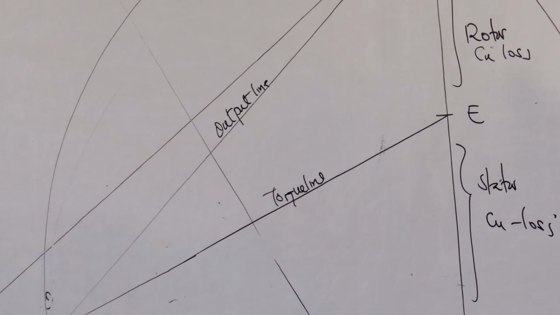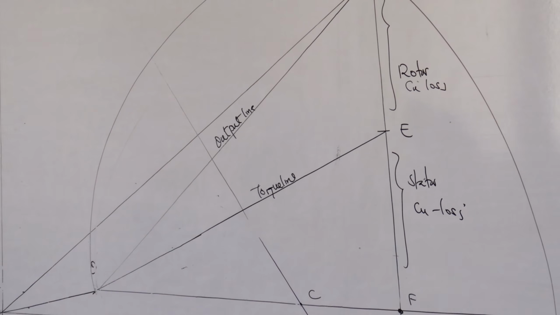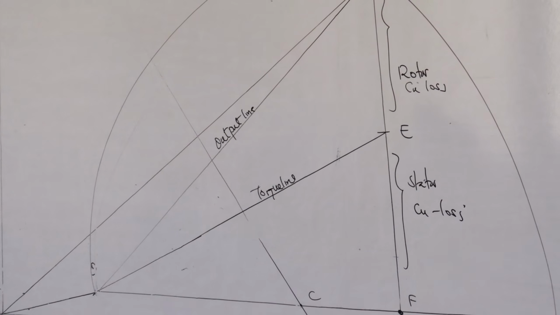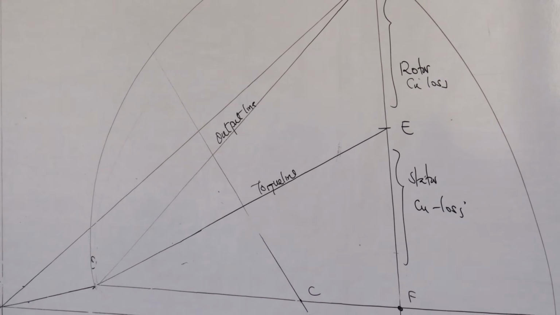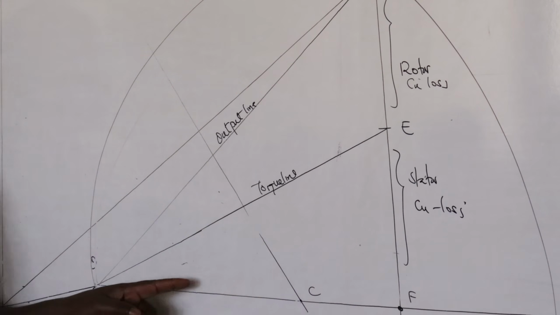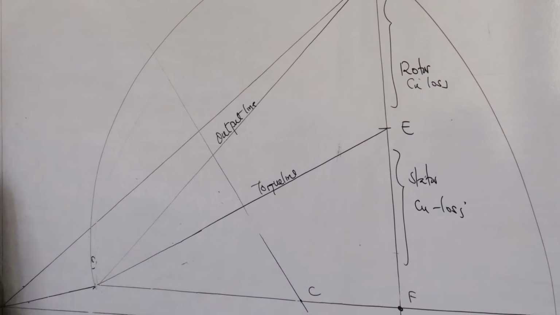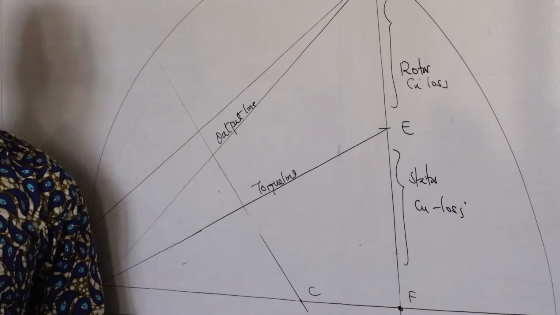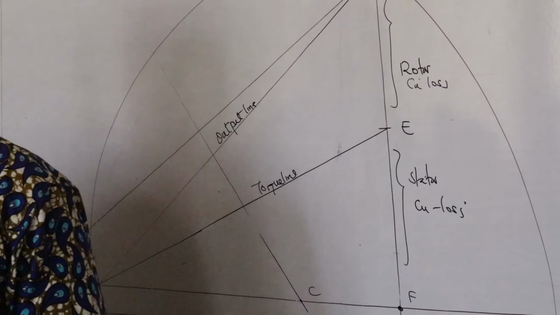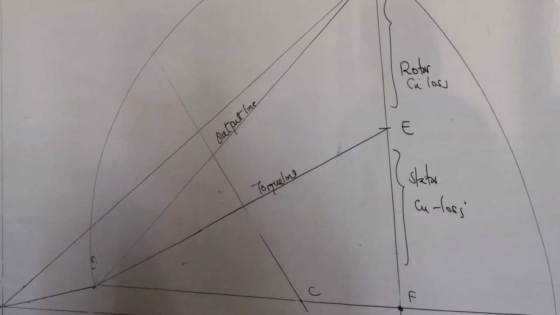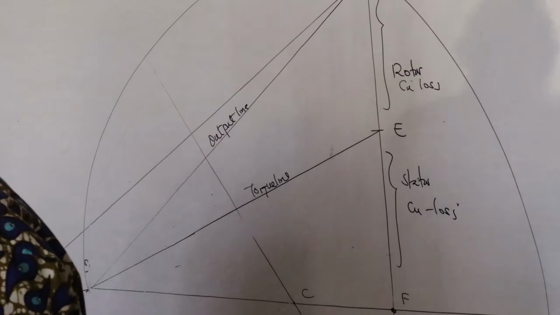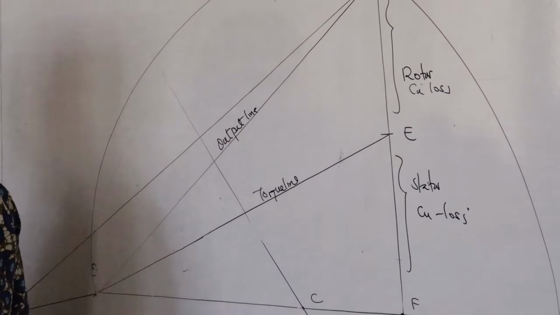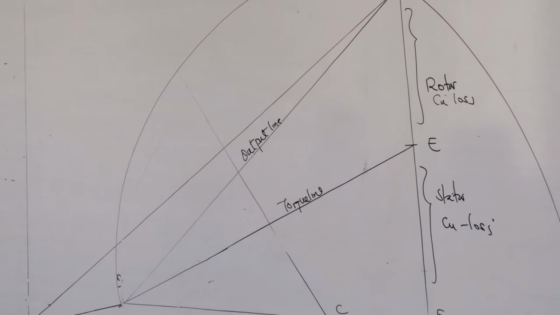Those lines are very important. Once you get E, take E back to O prime. That's what we call the torque line. I'll say, locate the torque line.